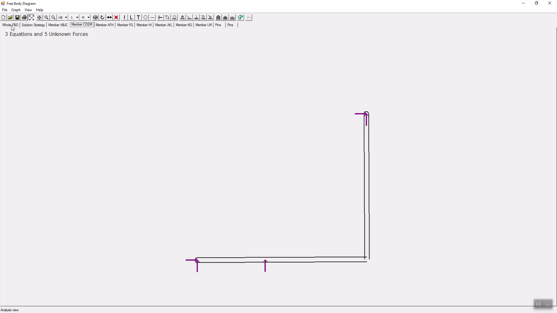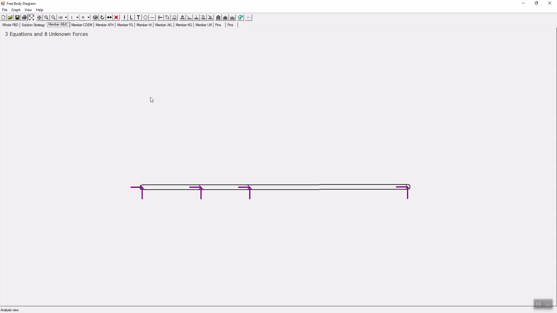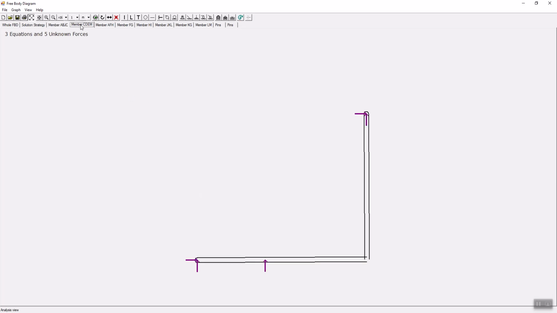So the whole free body diagram has 4 forces. This member has 8 forces, and this member has 5 forces.